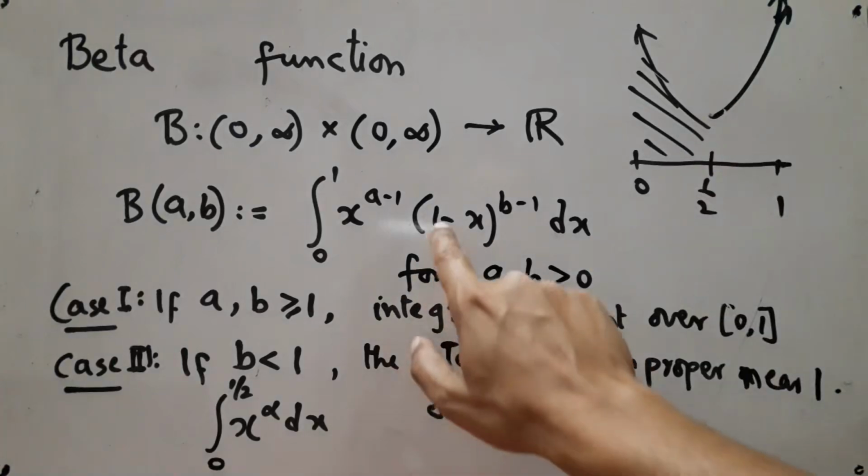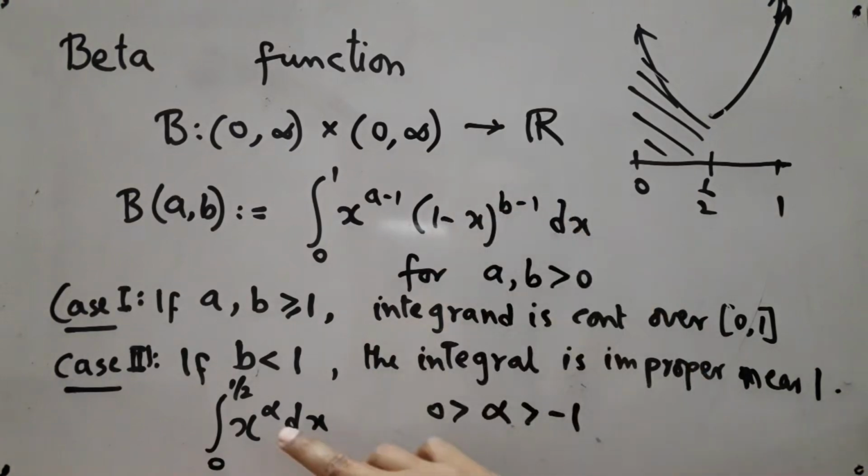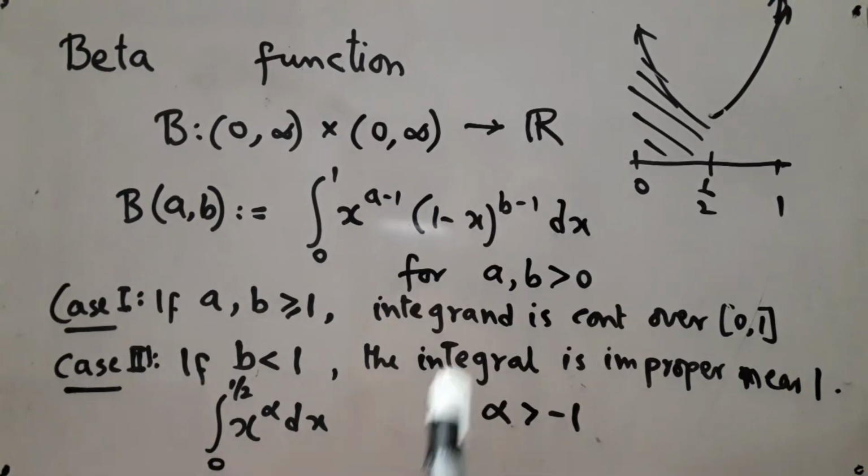So in place of x, you will work with 1 minus x, and b minus 1 will play the role of alpha. If b is between 0 and 1, then b minus 1 will satisfy this condition, and again you have convergence, which shows that whatever a and b take, as long as they are strictly positive, this quantity is always finite, and hence the beta function is well defined.